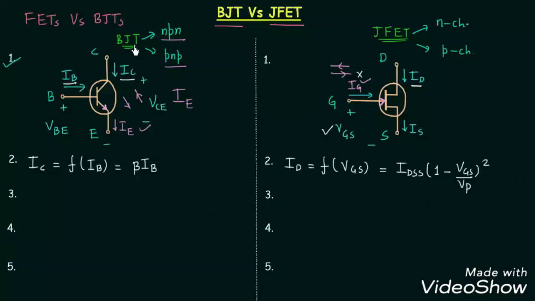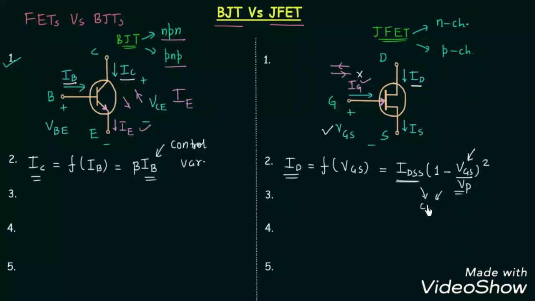So in case of BJT, you can see IC is dependent on the base current IB. So the control variable is the base current. On the other hand, in case of JFET, the output current ID is dependent on voltage VGS, because IDSS and VP are constant.